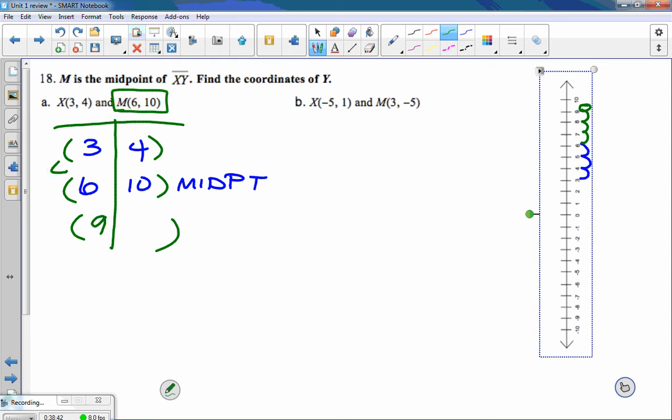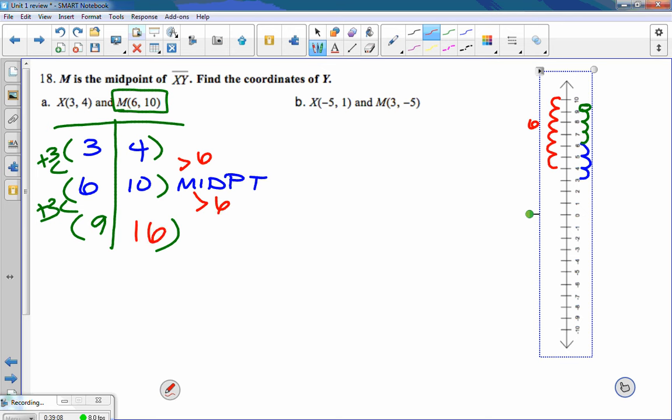You add 3, so you're going to go up 3 more. To go from 4 to 10, 1, 2, 3, 4, 5, 6. So if I have to do that, I have to go up 6 more, and I get 16.